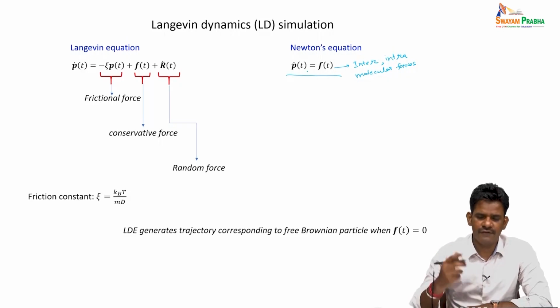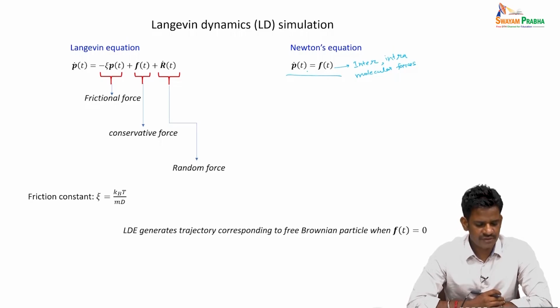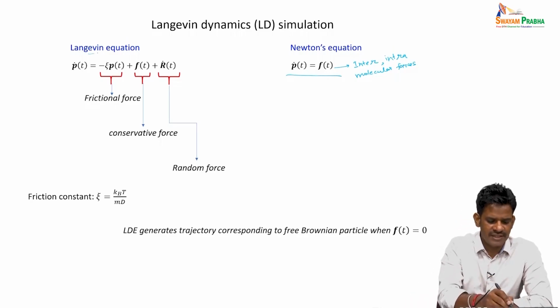But now if you think about having this solvent as a background, as implicit, and you don't have to worry about the solvent's degrees of freedom, but then bring the effect of this solvent into some other form into the dynamics. So that basically brings us to what is known as the Langevin equation.